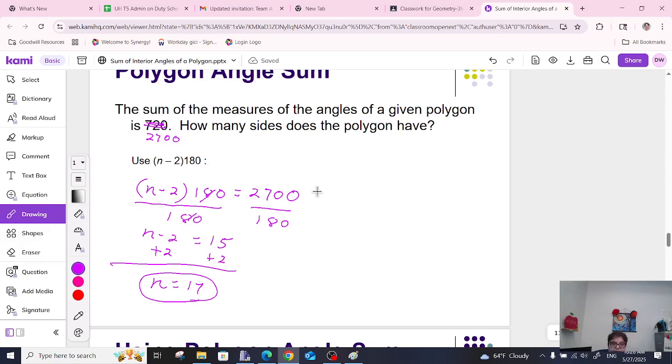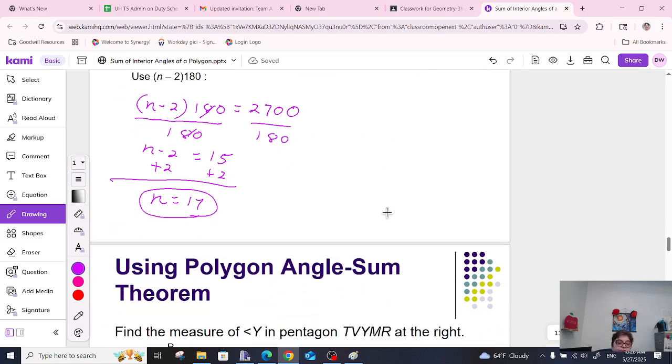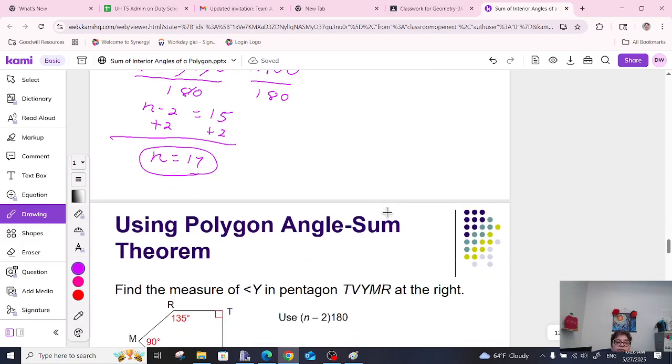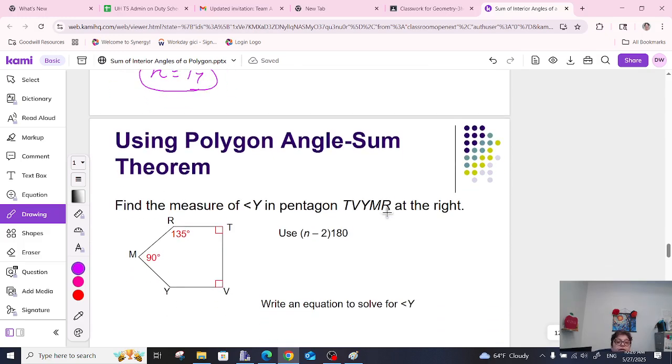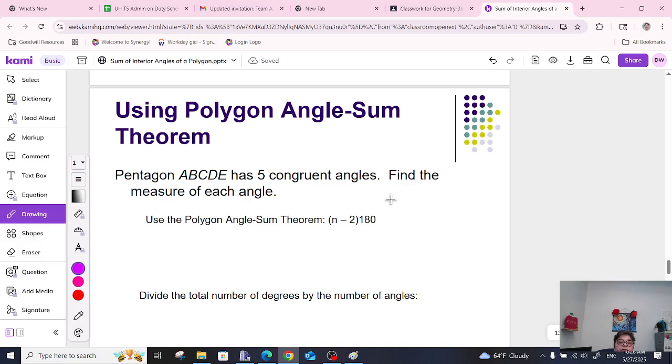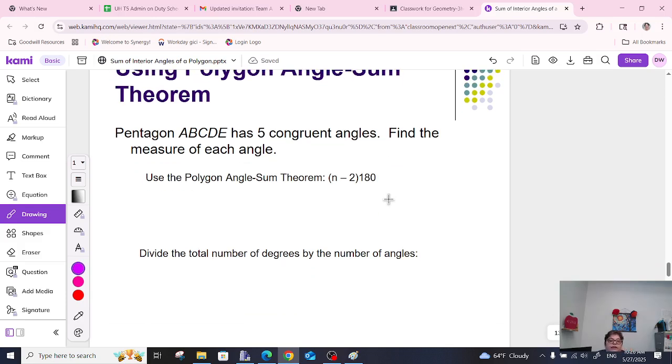Okay, so then this next one, find the measure of angle Y. Does this one have this one? No, no, you don't have that one. Have this one. Okay.